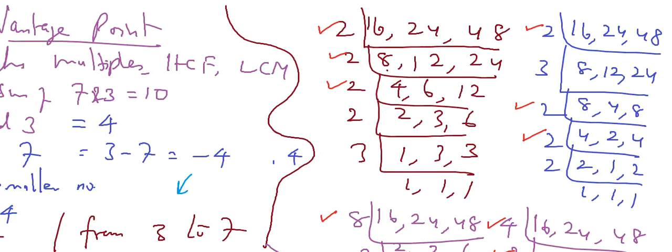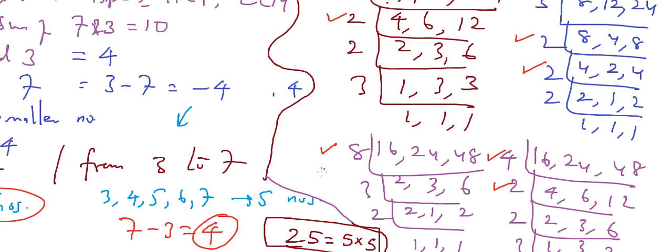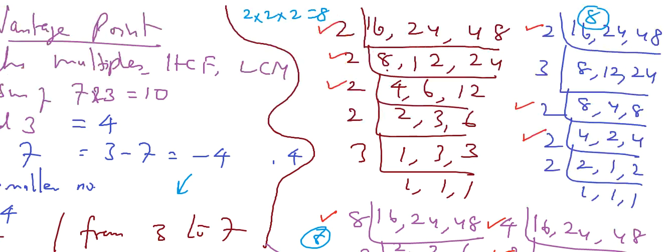So for HCF you multiply all the numbers by which all three got divided. Here HCF is 2 into 2 into 2, so 8. Here also 2 into 2 into 2, you get 8. And here 4 into 2, 8. Understood?